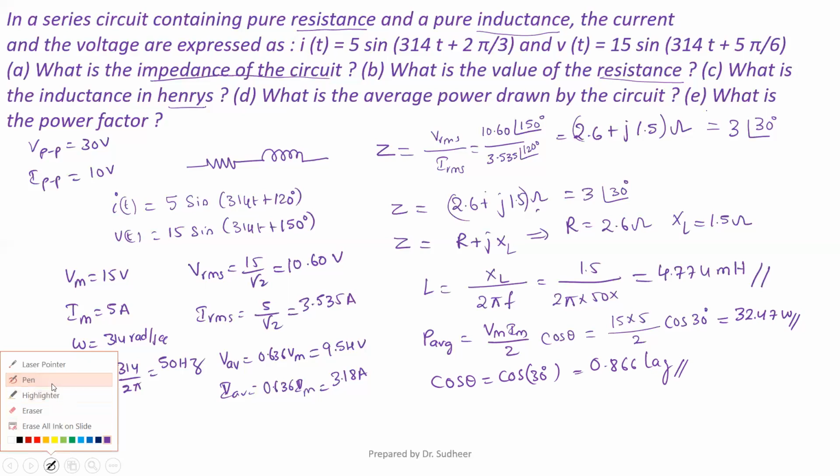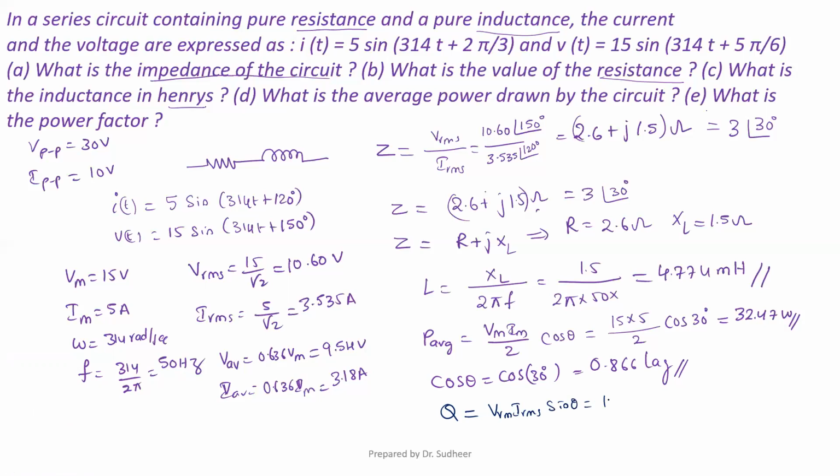In this problem, he is not asking about reactive power. Still, you can calculate even reactive power. Reactive power will be VRMS into IRMS into sine theta, if you are interested. So that is 10.60 into 3.535 into sine 30 degrees, which is 18.73 volt ampere reactive.